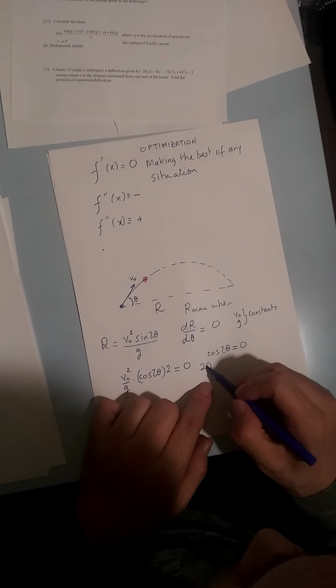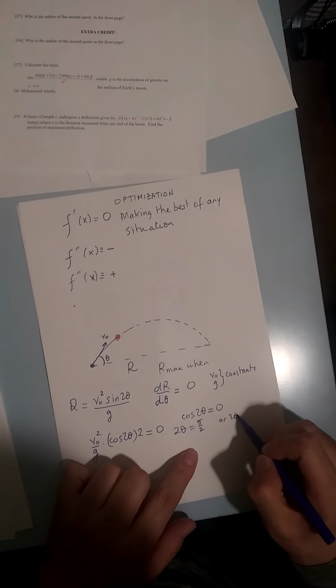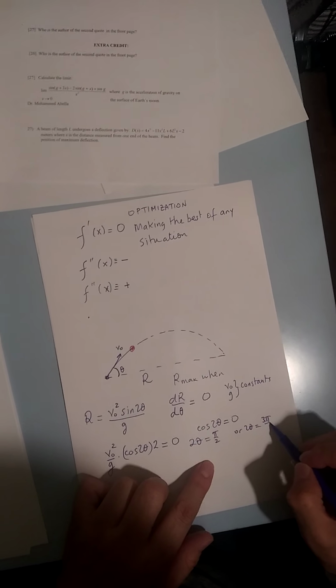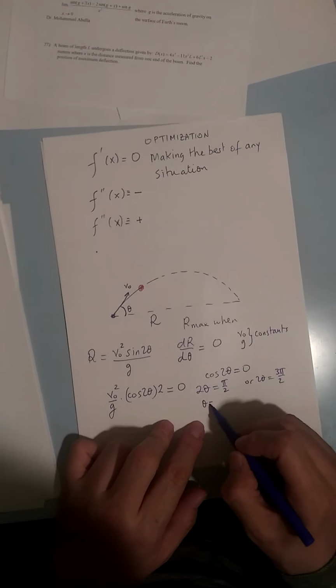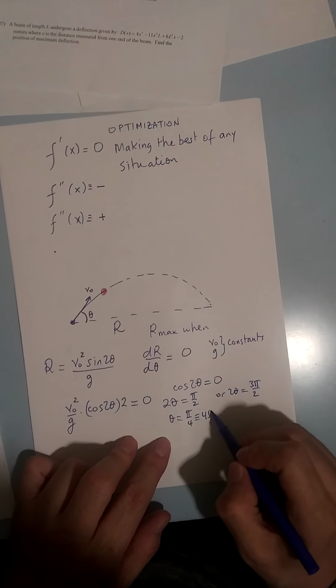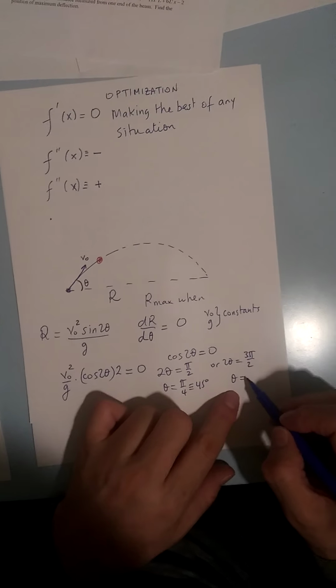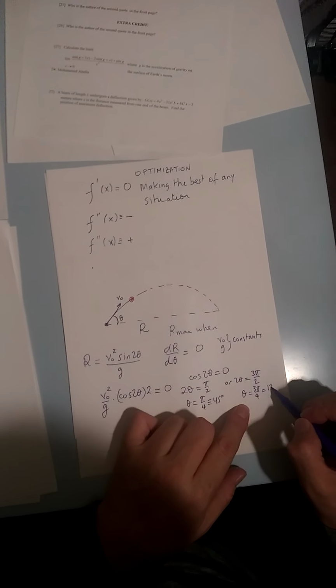That means 2 theta equals pi over 2 or 90 degrees, or 2 theta equals 3 pi over 2 or 270 degrees. Solve for theta. So theta is pi over 4, which is 45 degrees, or theta is 3 pi over 4, which is 135 degrees.